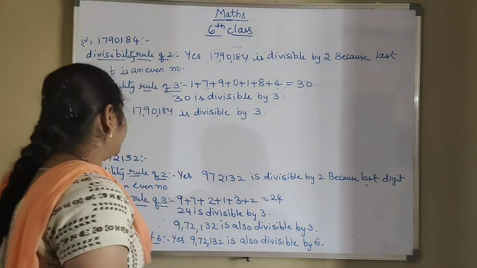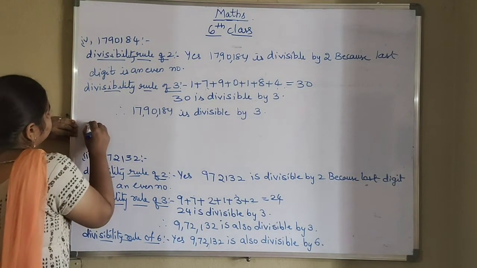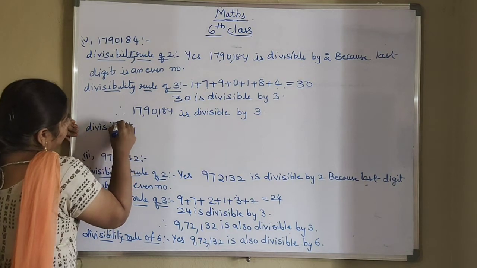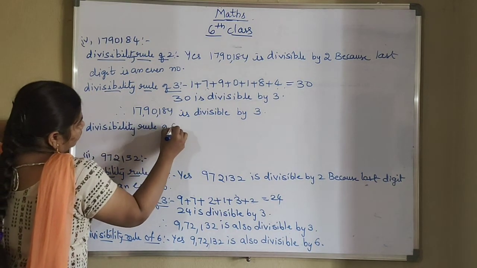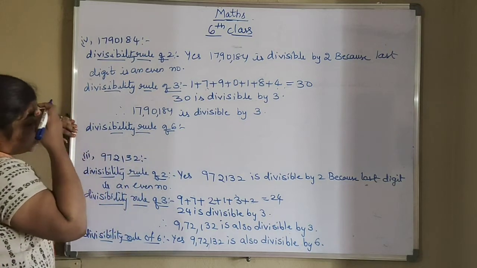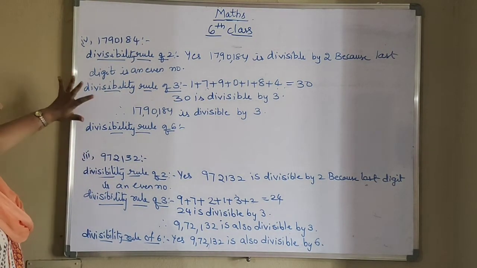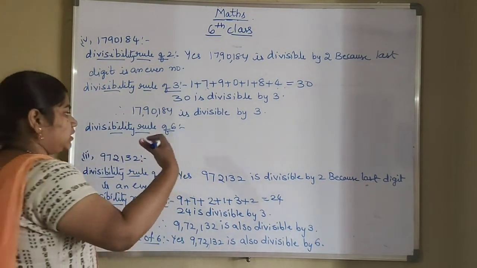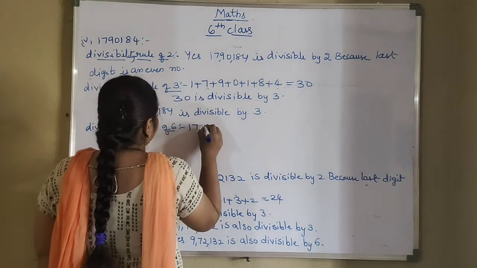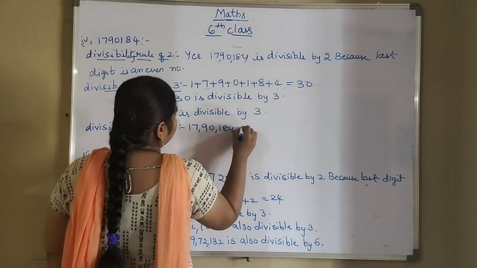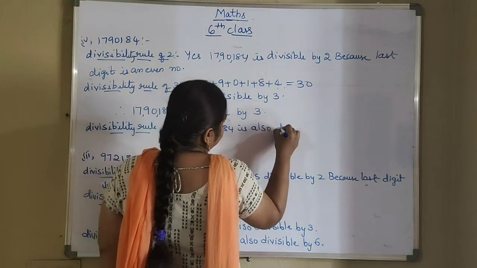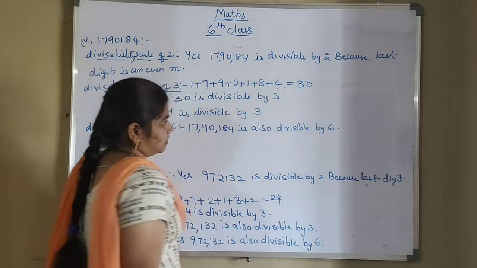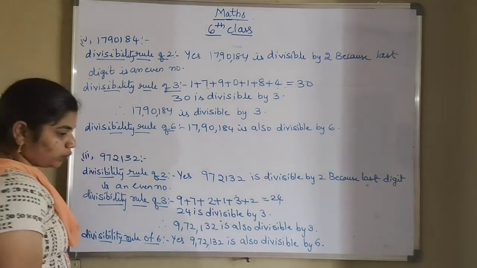And now we have to check for the divisibility rule of 6. So what is the divisibility rule of 6? It should be divisible by 2 and also it should be divisible by 3. So 2 is satisfied, 3 is also satisfied, 6 will also be satisfied. So 17,90,184 is also divisible by 6. So this is the fourth one.